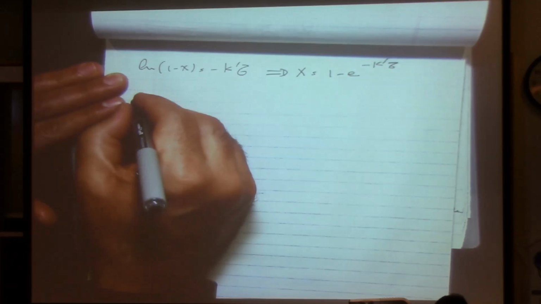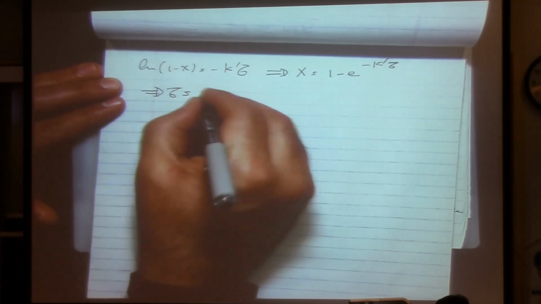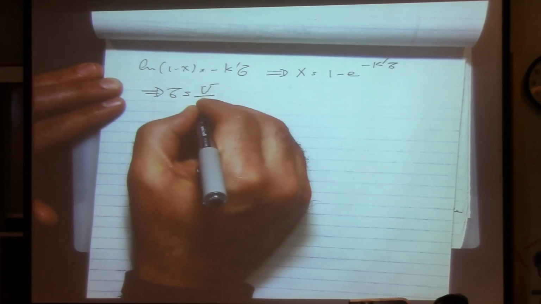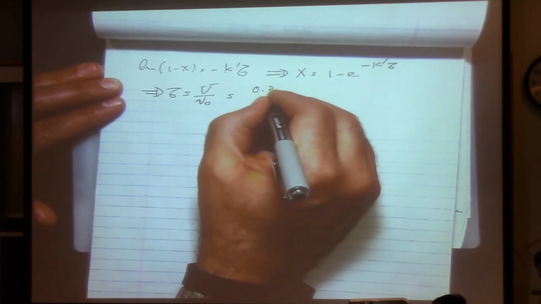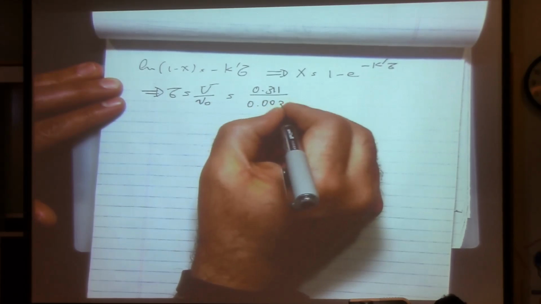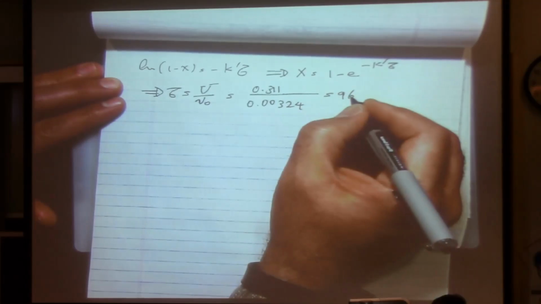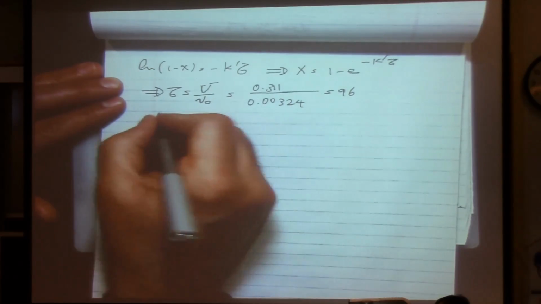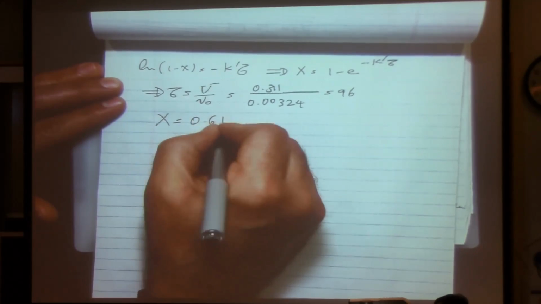Okay, so we have tau is V over, again, volume over volumetric flow rate, which is 0.311 liter over 0.00324, and that would be 96 seconds. So if you calculate here, X is going to be 0.61.